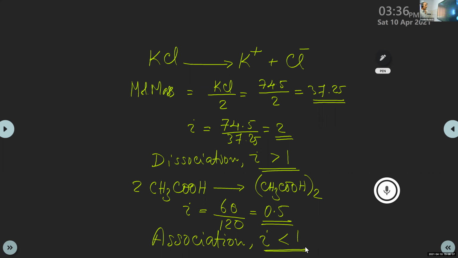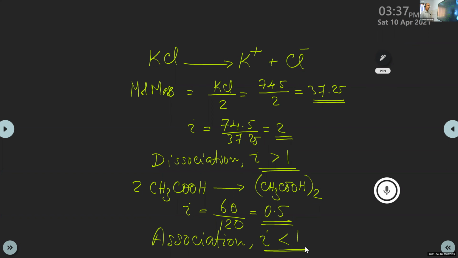Okay. Suppose there is neither association nor dissociation. Then the calculated molecular mass will be the same as the theoretical molecular mass, and so i is equal to 1. If there is neither association nor dissociation, then i is equal to 1, and there is no abnormal molecular mass.